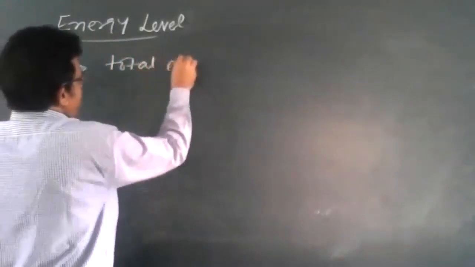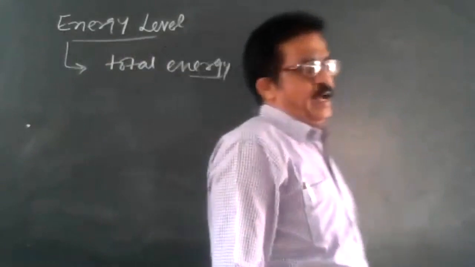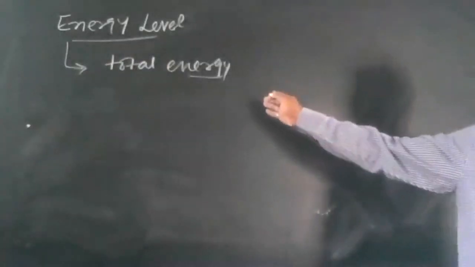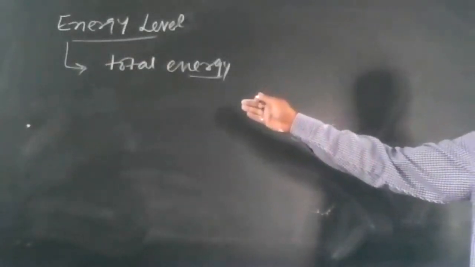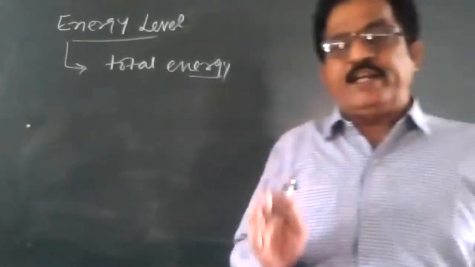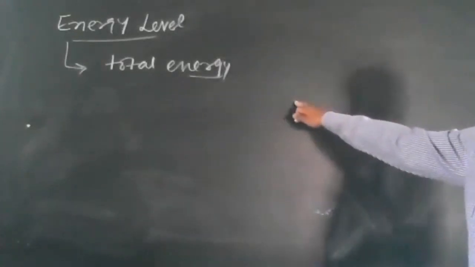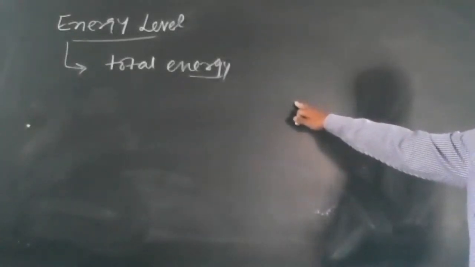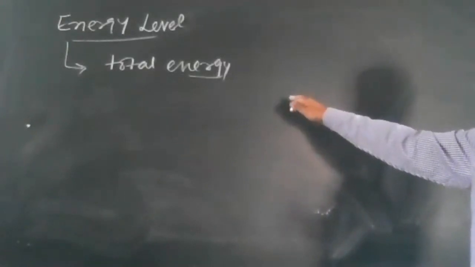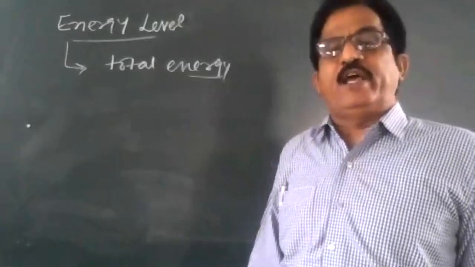Write down: a diagram which represents the total energy of the electron in different stationary orbits of an atom is called an energy level diagram.